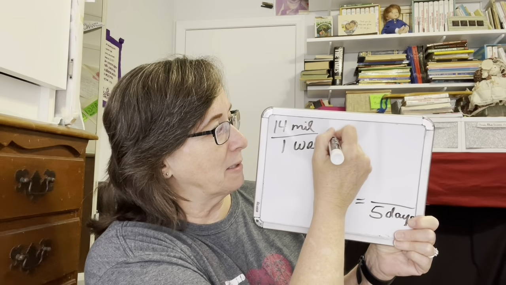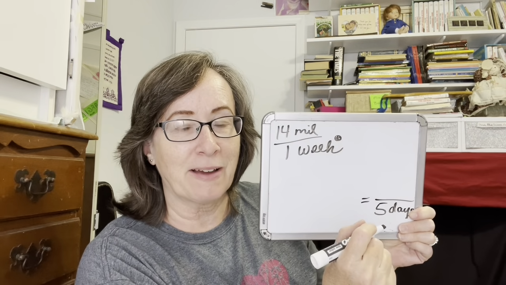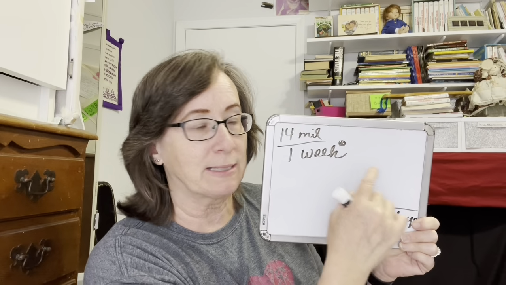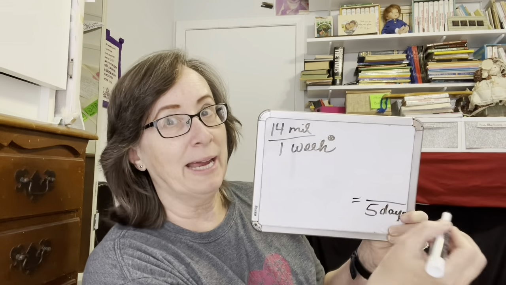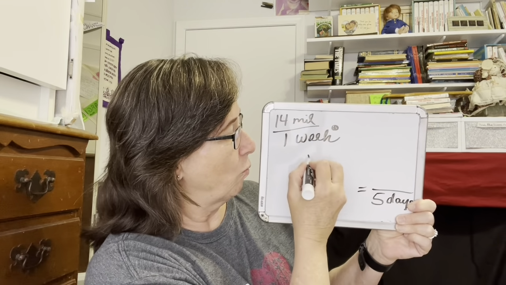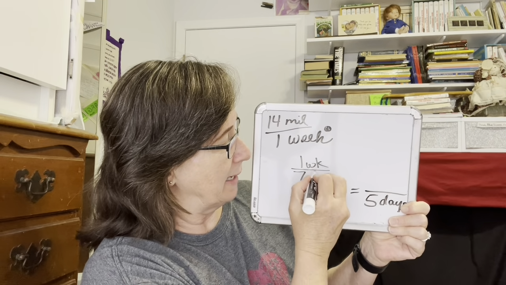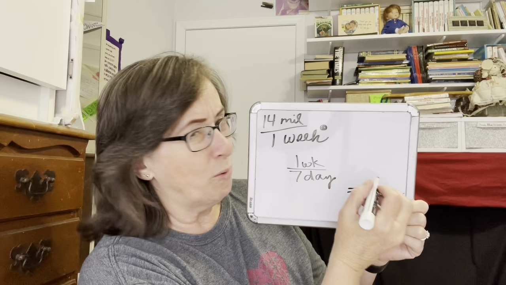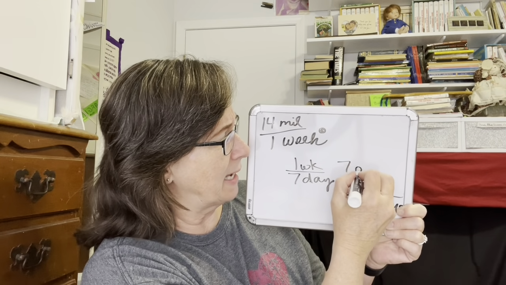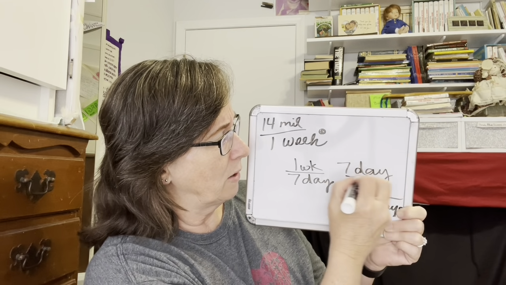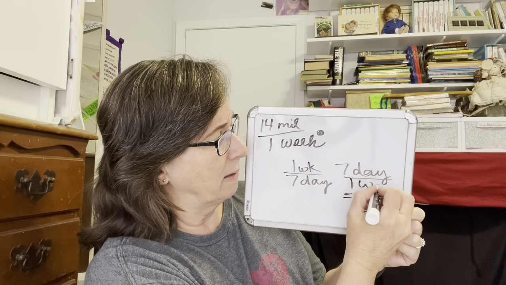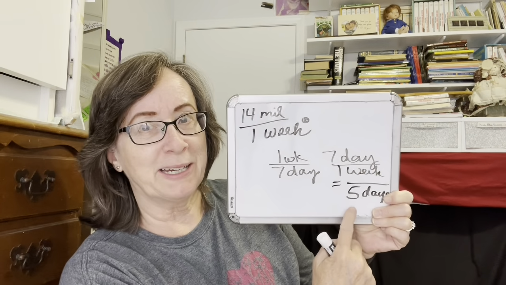So I'm going to multiply by a conversion factor that's going to change me from weeks to days. So I'm going to say, well, I know that there's 1 week in 7 days. Or would it be 7 days, 1 week? Okay, where are we trying to go?